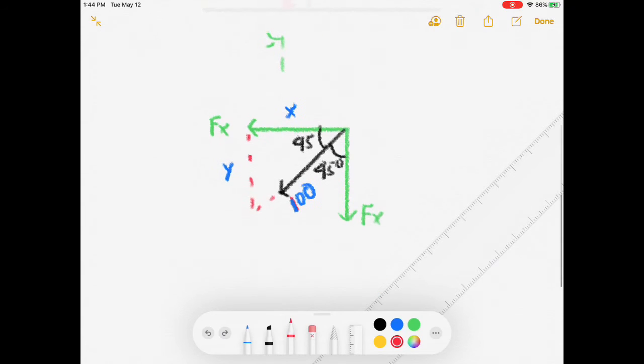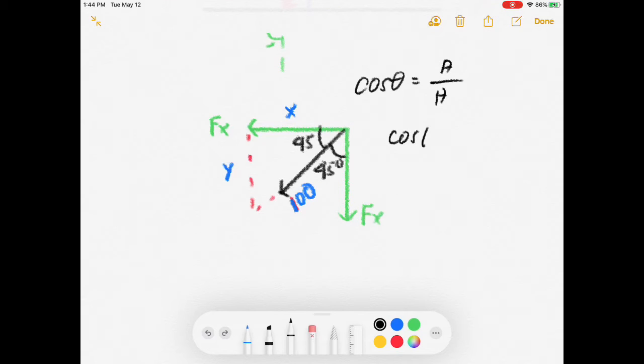So we could use CAH, which means cosine theta equals adjacent over hypotenuse. To solve that, cosine 45.